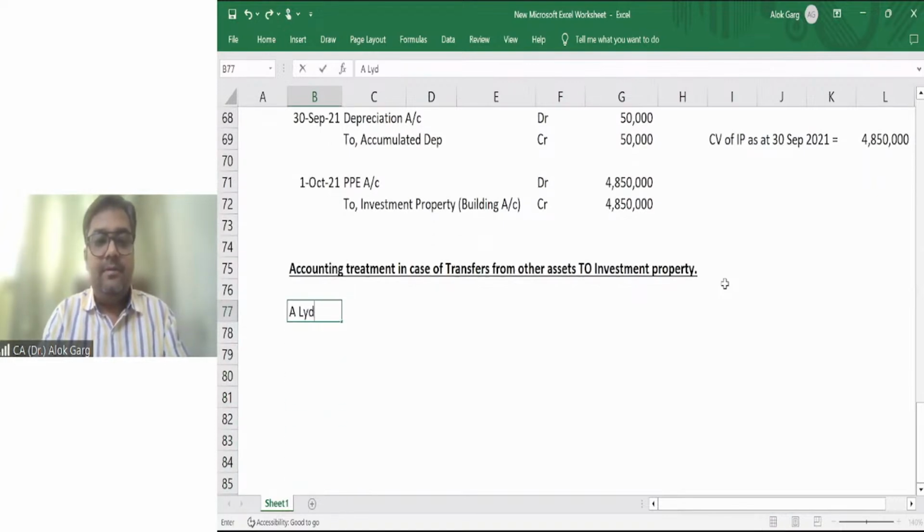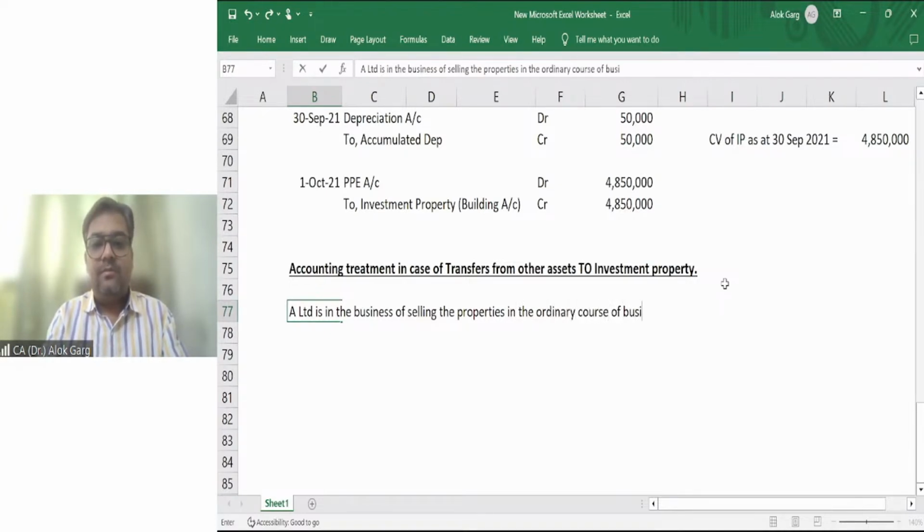A Limited is in the business of selling properties in the ordinary course of business, right? In the ordinary course of business.